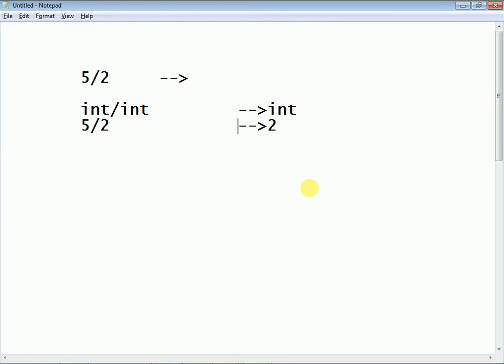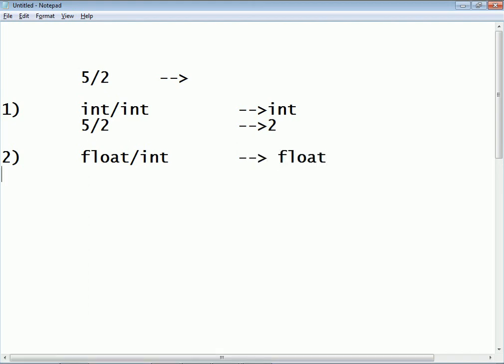Another one: float by integer. Float by integer is float. Example: 5.0 by 2. Here you will get 2.5, not 2.